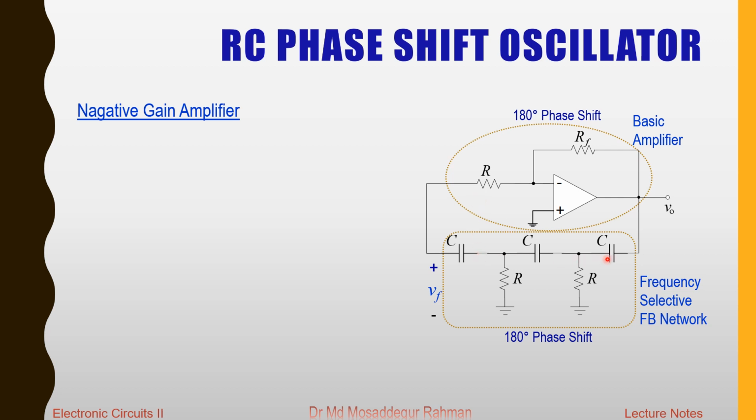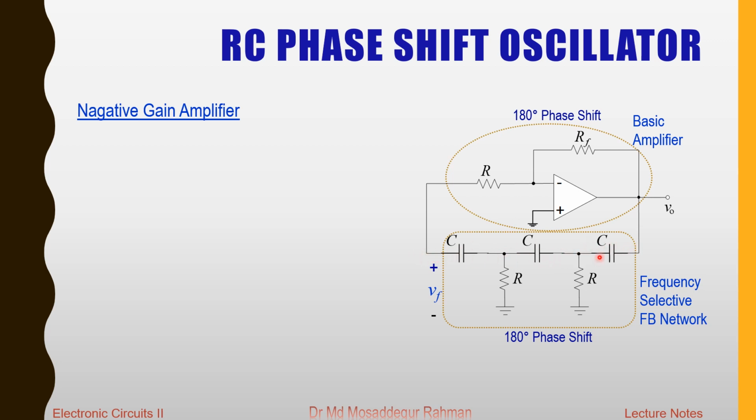Now you see that in the RC circuit, we have here three parts, three segments. Each of the segments will give you a phase shift. The RC circuit can provide a phase shift of less than 90-degree. It can't provide 90, it will always be less than 90-degree, and we need a total phase shift of 180-degree through this feedback network.